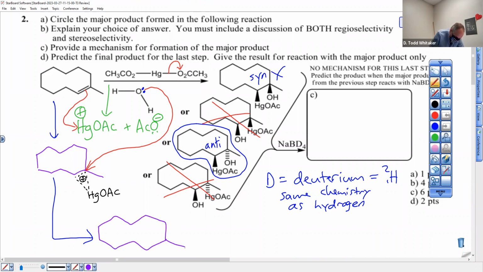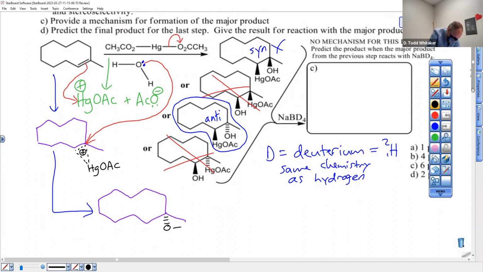We've got the OH on the more substituted carbon, and the other carbon has the mercury right there. And how do you make that into our circled product?